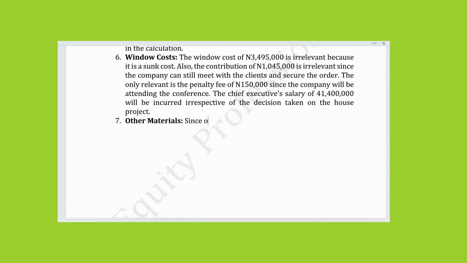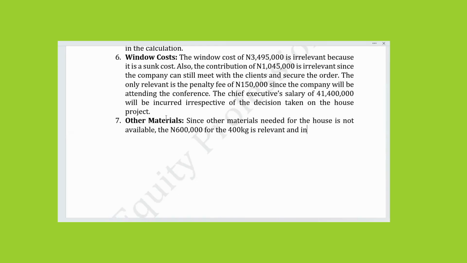Since other material needed for the house is not available, the 600,000 naira for the 400 kilogram is relevant and included in the calculation. See the way we are doing it.